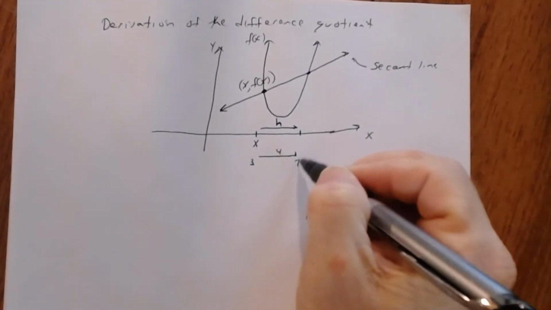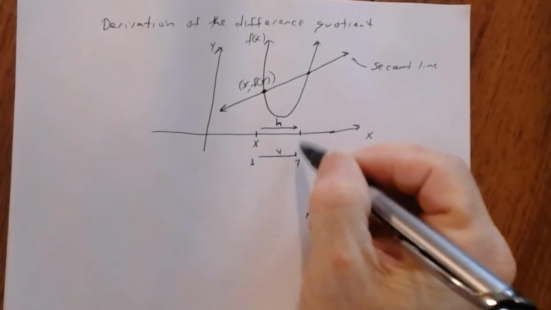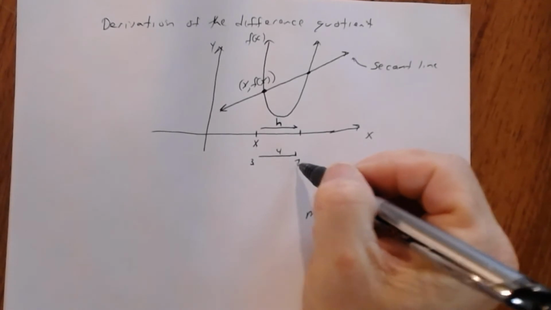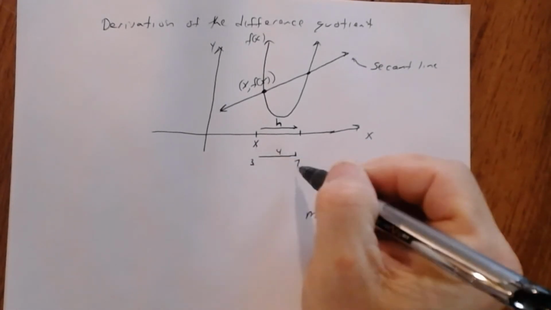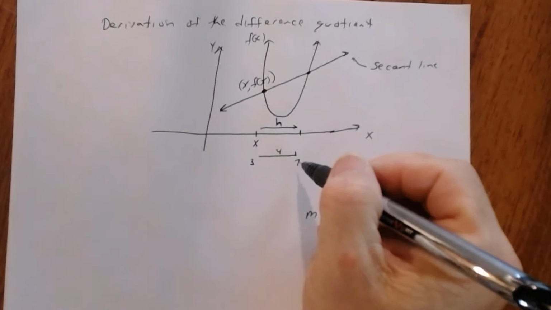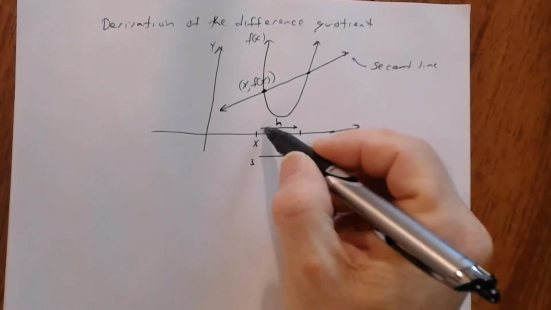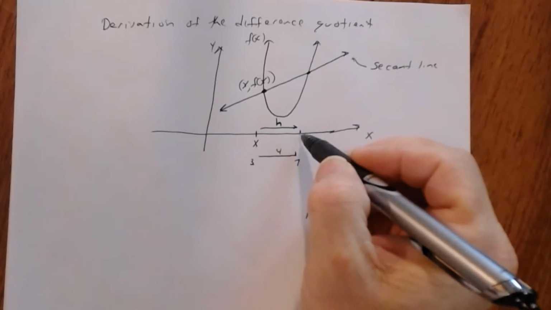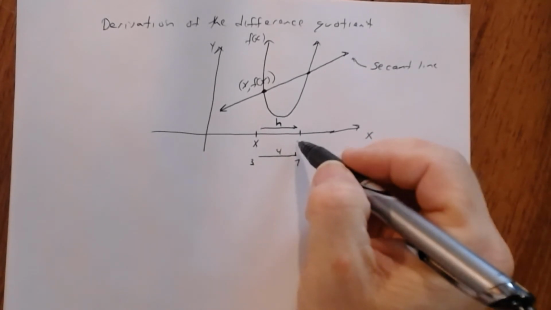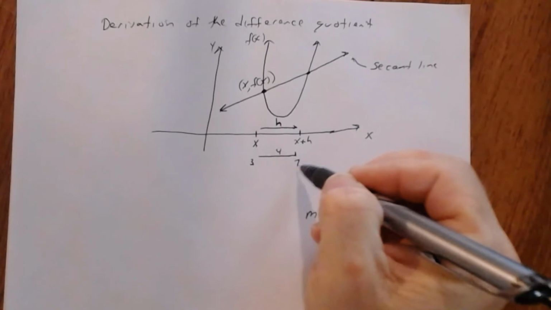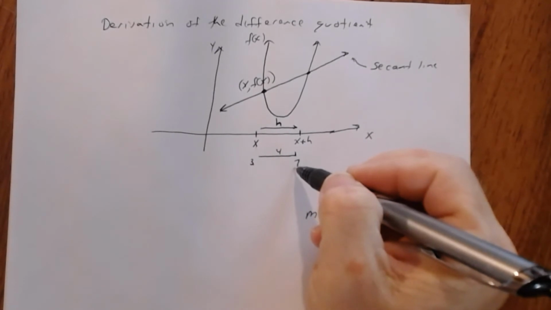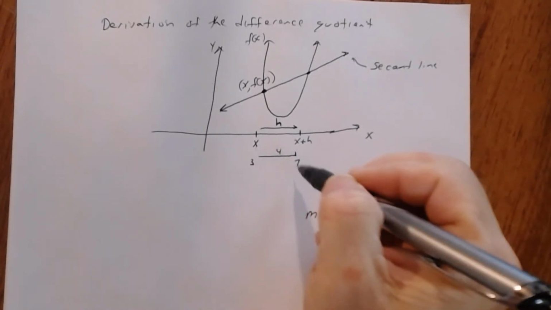That would be the x value here. But I don't know that this is 3, and I don't know that this distance is 4. So in general, if this is x, and this distance is h, then this x value here has to be x plus h. Just like I said, 7 here, I got by saying 3 plus 4.